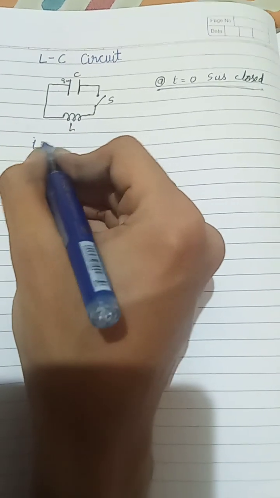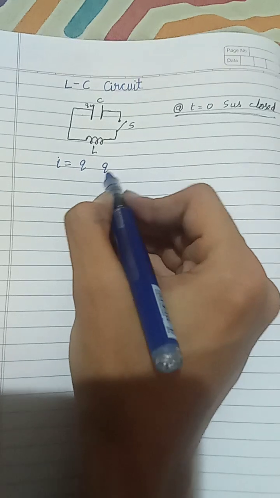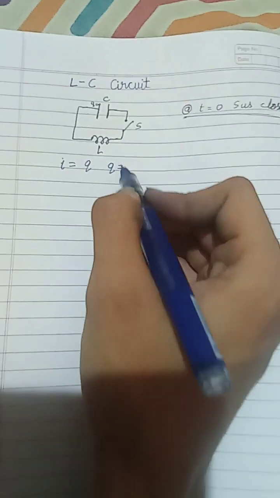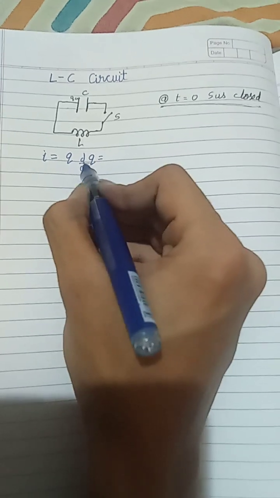So the circuit will be complete. Now, the current is dependent on the charge on the capacitor, and the charge on the capacitor is dependent on current, as dq by dt is I.